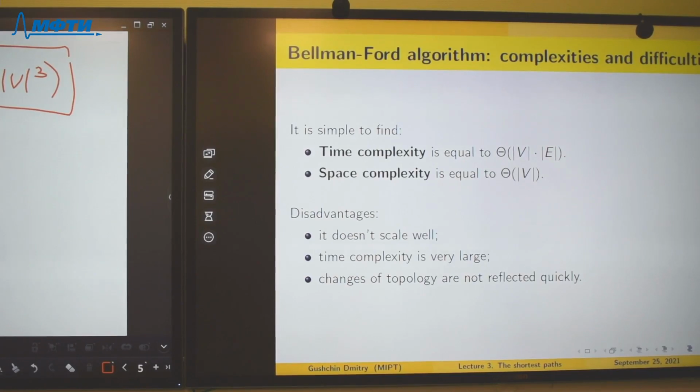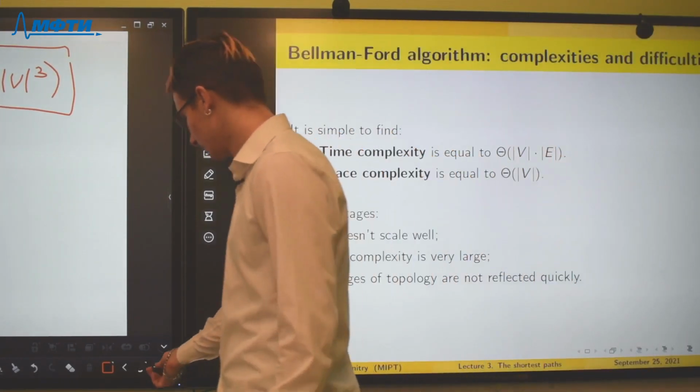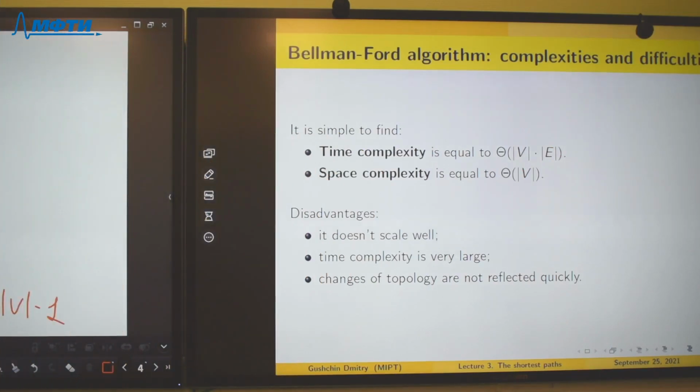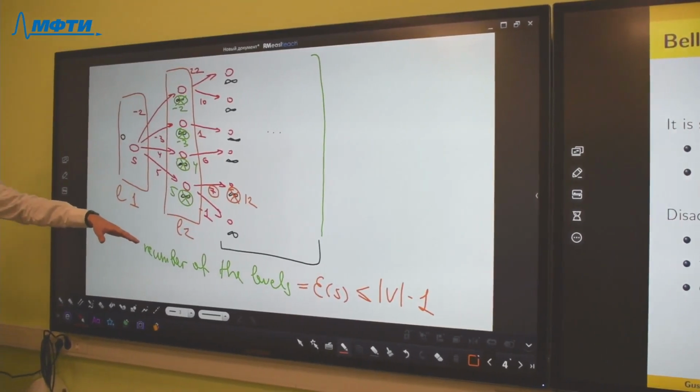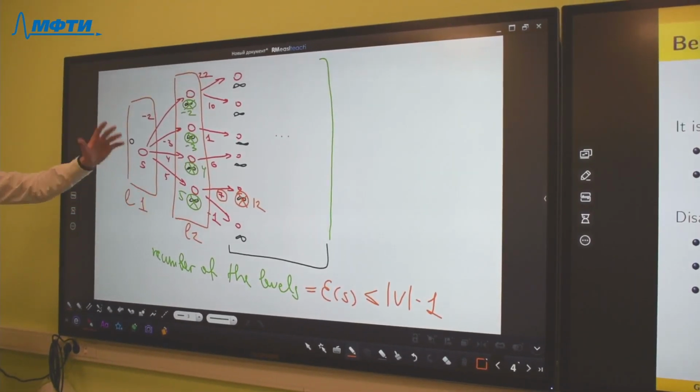And of course, imagine, for example, we relax all the edges and repeat it number of vertices times, and we have no negative weight cycles, but then we change only one edge. For example, this -3 we change to -2.